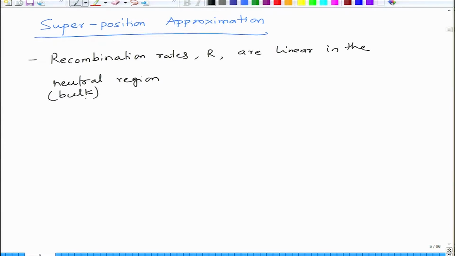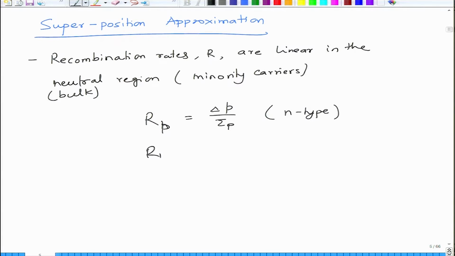There are multiple names, quasi-neutral region, bulk region and so on, and this applies to minority carriers. So Rp is equal to delta p by tau p in n type, and Rn is equal to delta n by tau n in p type. All right, this we have seen. So they are basically linear functions of delta p and delta n.